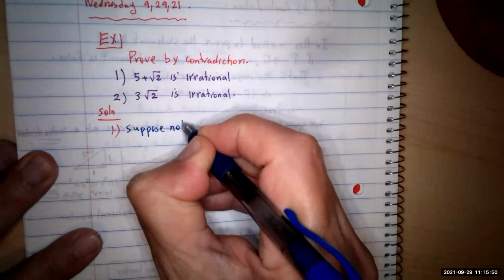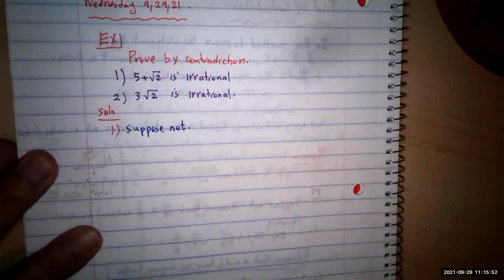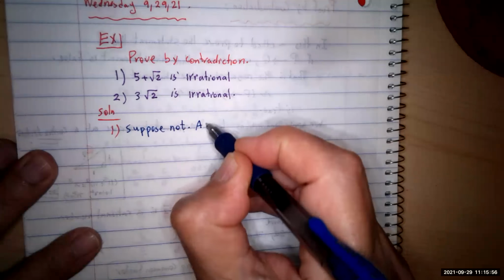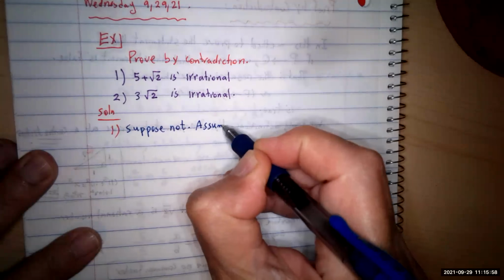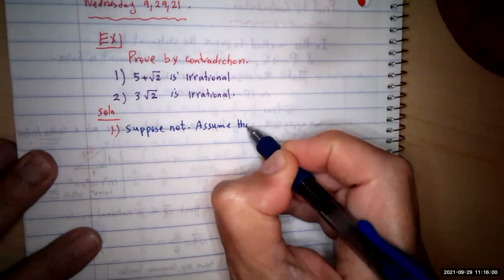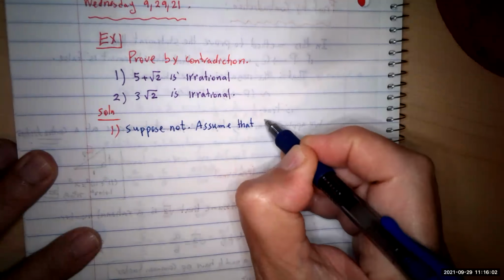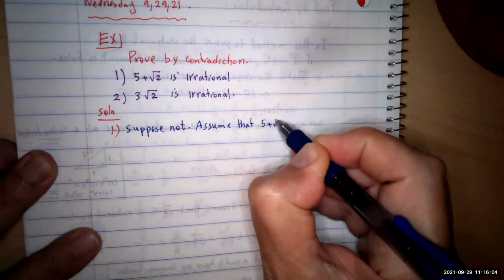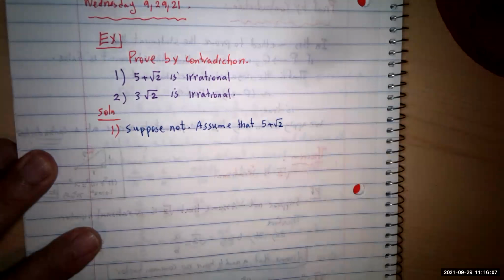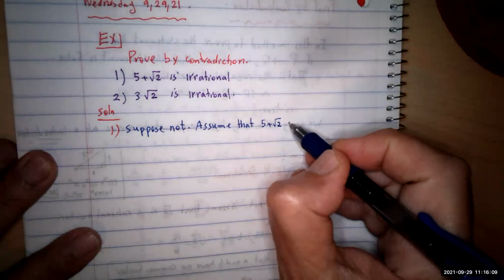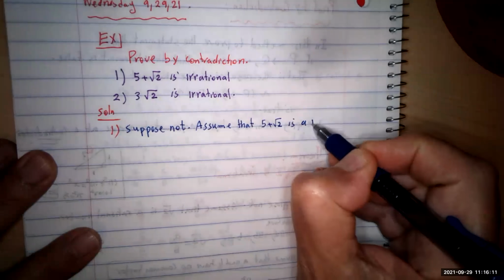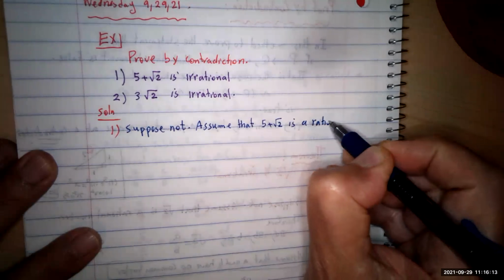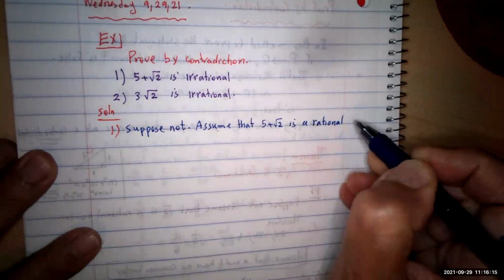Suppose not means this is a rational number. So you assume otherwise that 5 plus radical 2 is a rational number.